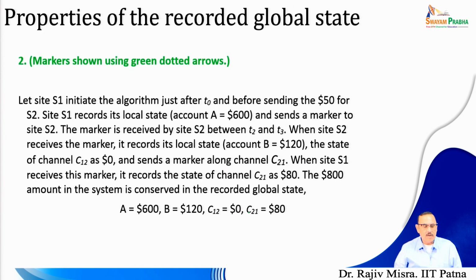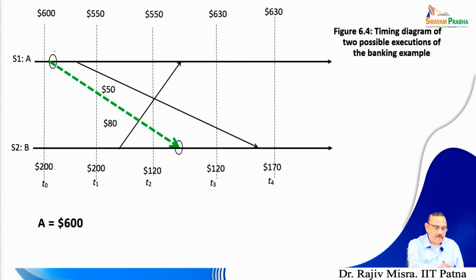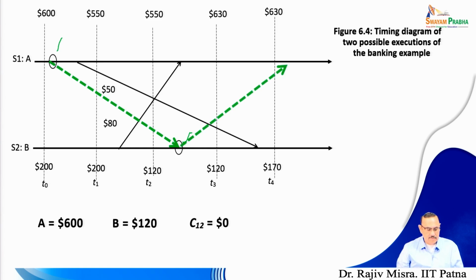Now, let us see the other example, the marker shown in green dotted. You can see that here, after recording A equal to 600, it sends the marker following the marker sending rule. When it receives the marker, it will record its channel state as 0 and then record the state of B as 120, and then send the marker along the marker sending rule.